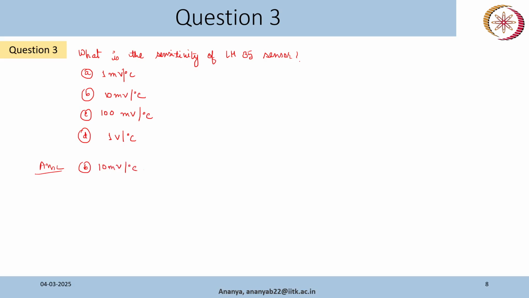Now, one thing I want to mention is that normally we want the sensitivity of our sensor to be very high, or we can say the resolution is very good. If our sensitivity is very high, say per degree Celsius it gives a large voltage, then what is the advantage for the circuit associated with it?